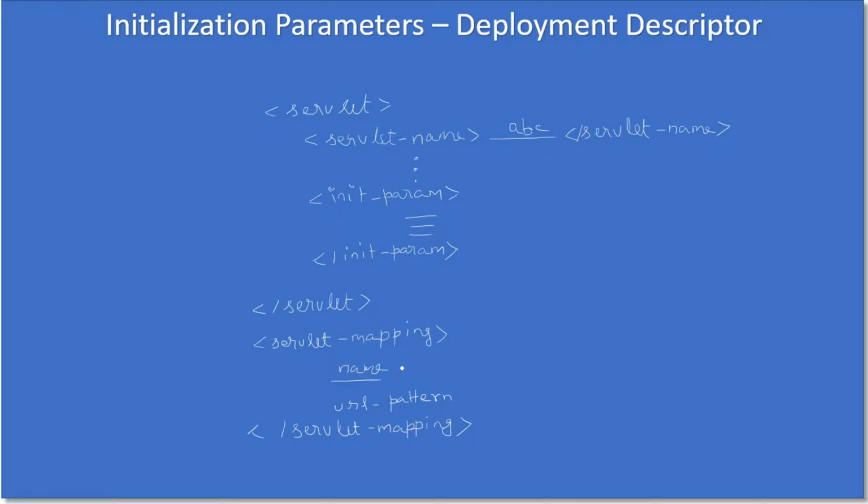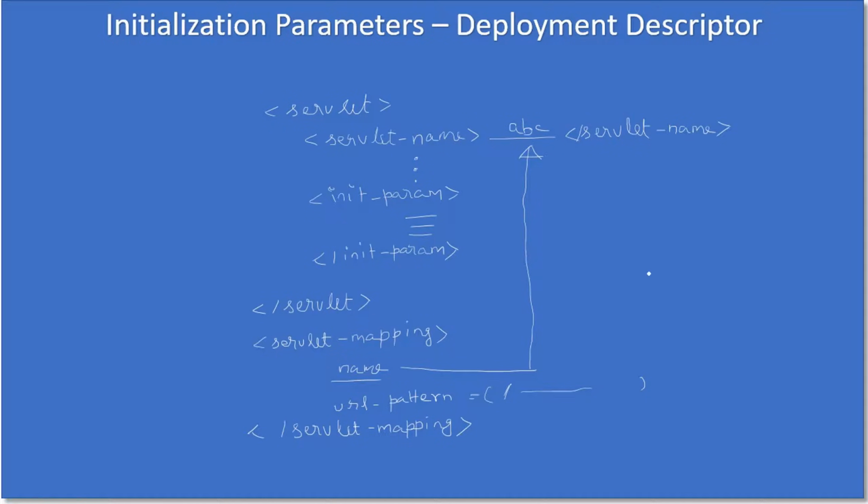What it does is map our servlet name. So this refers to the servlet name which is in the servlet tag. Then URL pattern specifies the URL pattern. In the annotation we saw a URL pattern, right? So that pattern will be specified here. And this is how we map the URL pattern with the servlet.